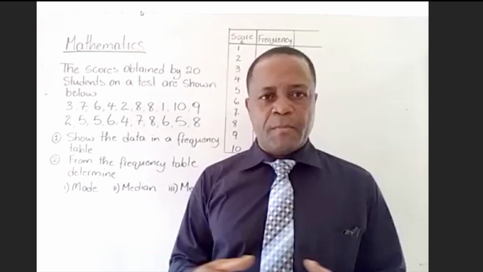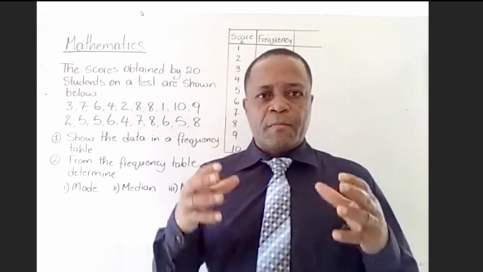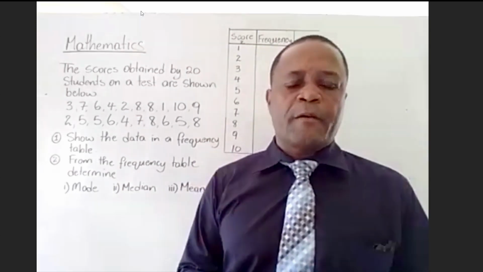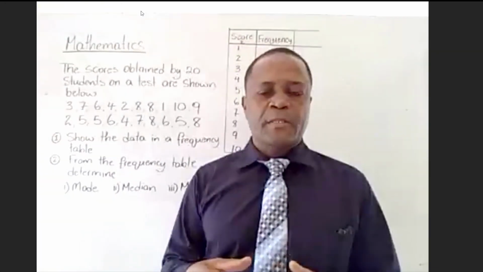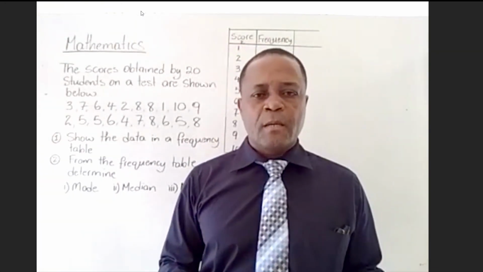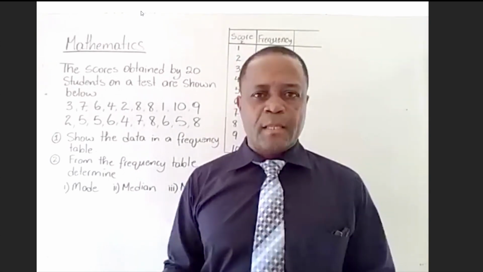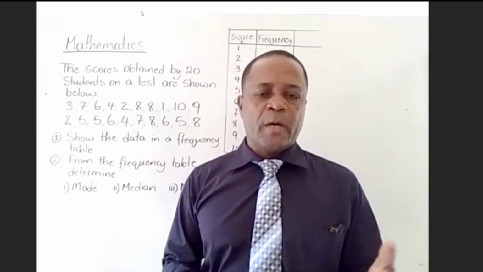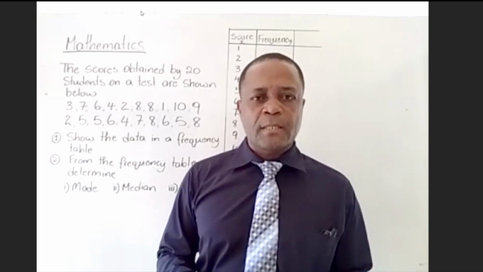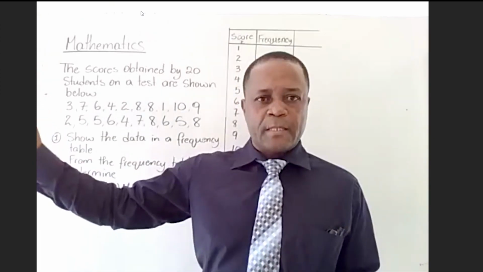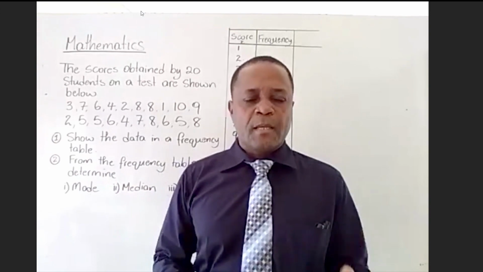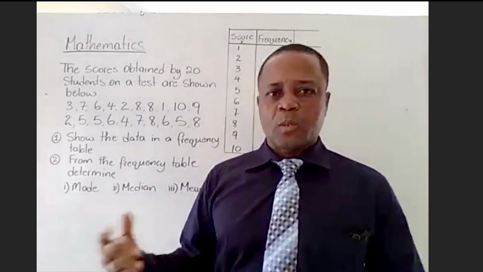However, it's not just any middle value. The scores or the measures will have to be first arranged in ascending or descending order. When we speak about ascending order, we're saying that we start from the lowest and go up to the highest. Descending is from the highest to the lowest.